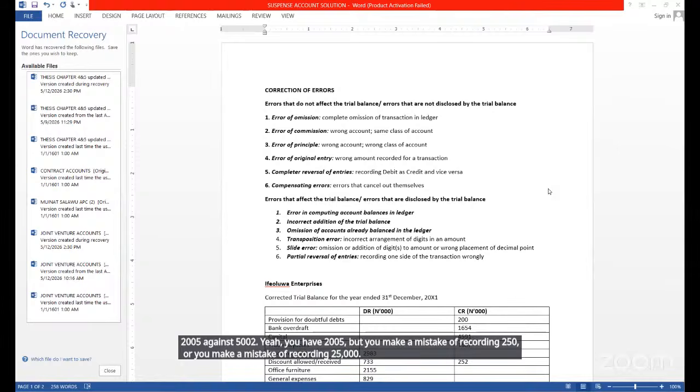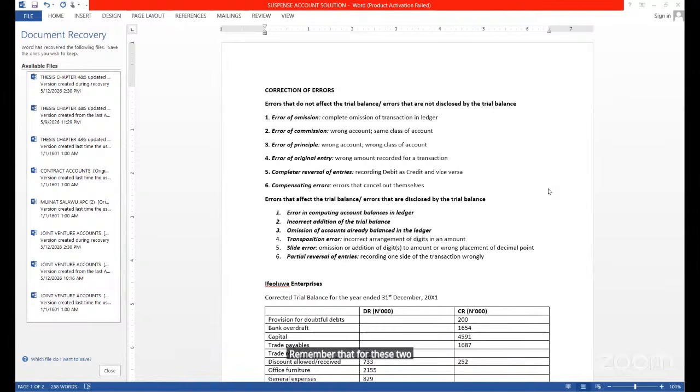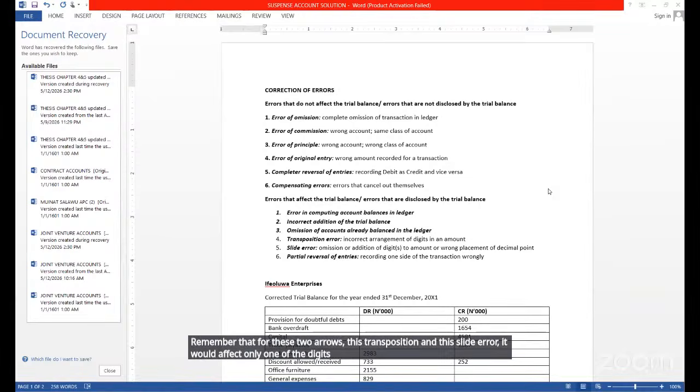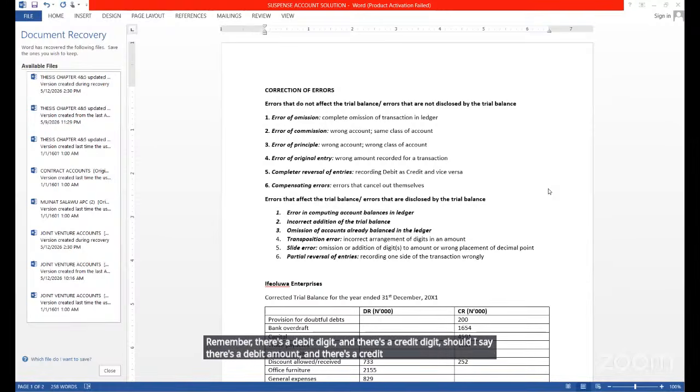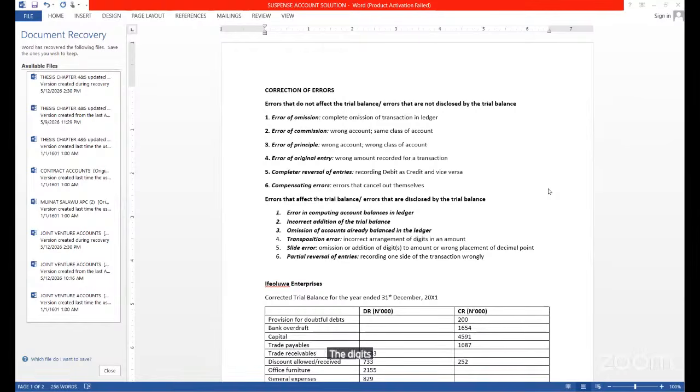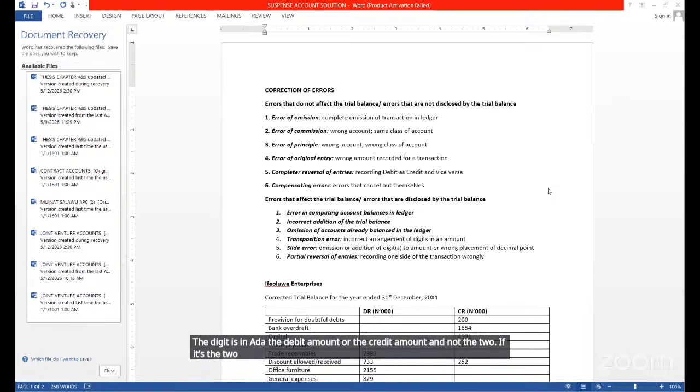Remember that for these two errors, the transposition and the slide error, it would affect only one of the amounts. Remember, there's a debit amount and there's a credit amount. The amount that will be affected is either the debit amount or the credit amount, and not the two. If it's the two, it's another kind of error.